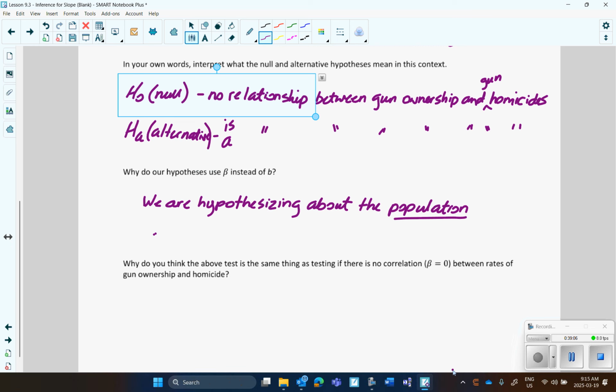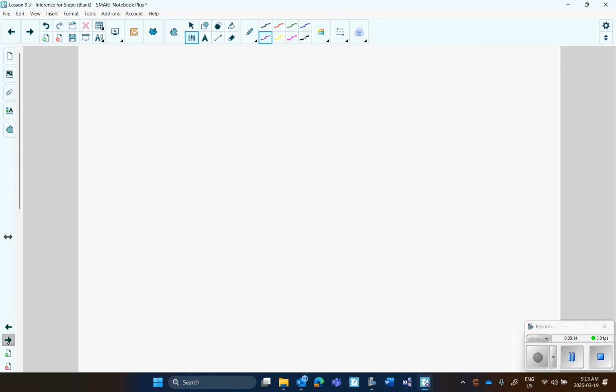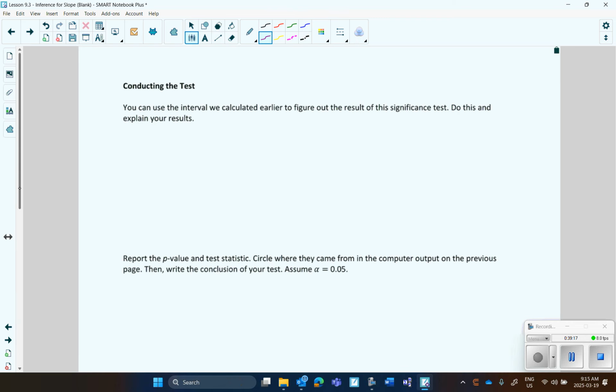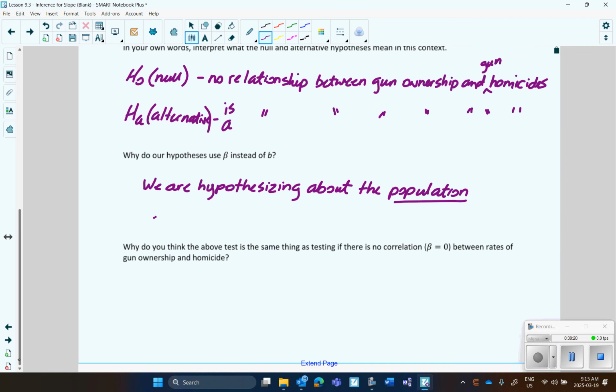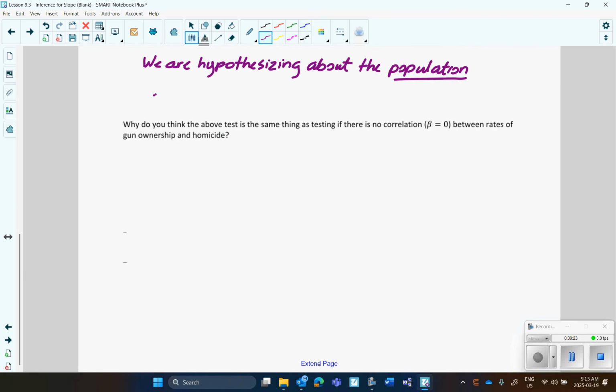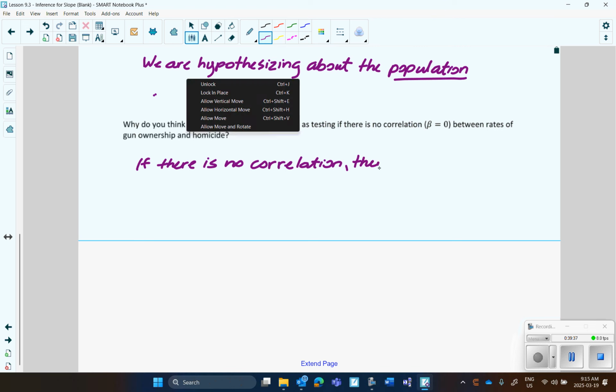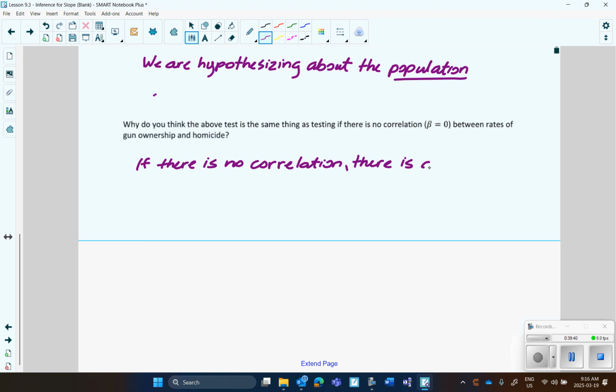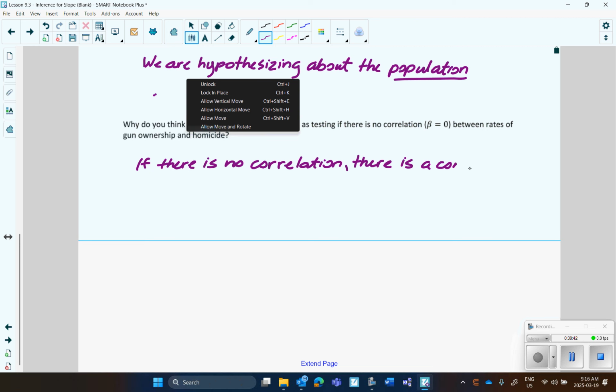And I briefly mentioned this last one. Why do you think the above test is the same thing as testing if there's no correlation? Well, if there is no correlation, there is no relationship, or there is a completely scattered plot.